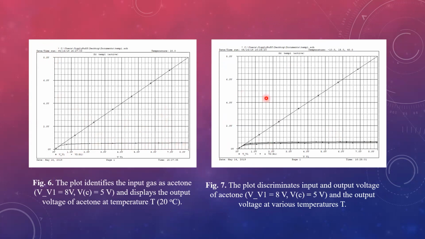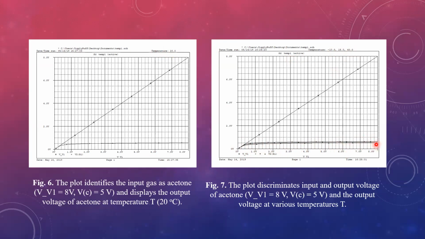And similarly, for figure number 7, what has happened over here? In figure 6, the temperature is only set at 20 degrees Celsius. For figure 7, the temperature is varied to minus 10, 15, and 40 degrees Celsius for the same gas, acetone. So you can see that there are variations at different temperatures, which have a little bit of effect on the output. You can see three graphs. It's not just one, but actually three different curves.